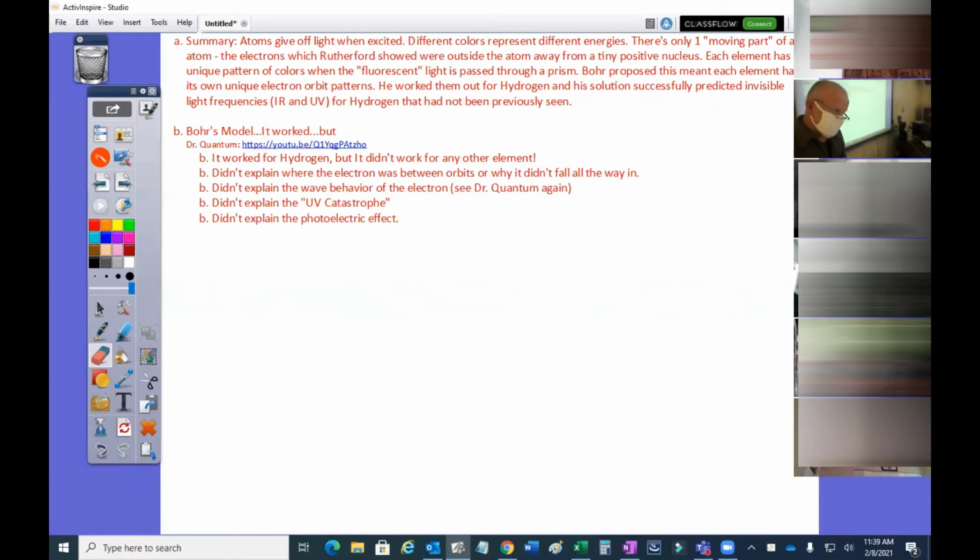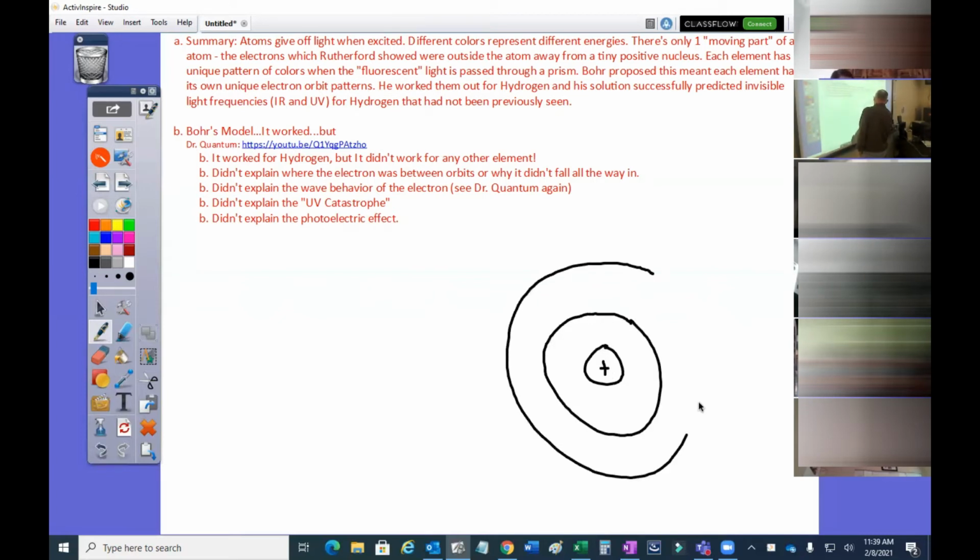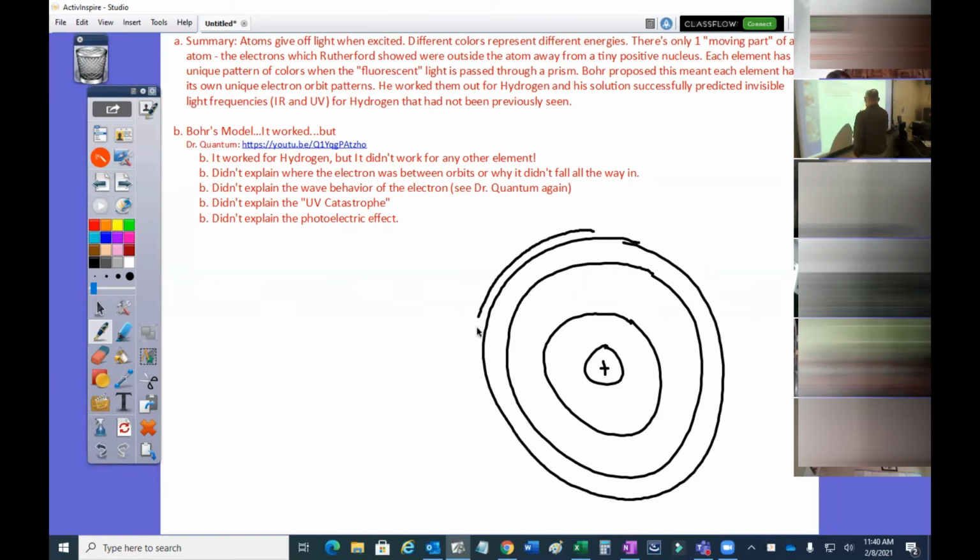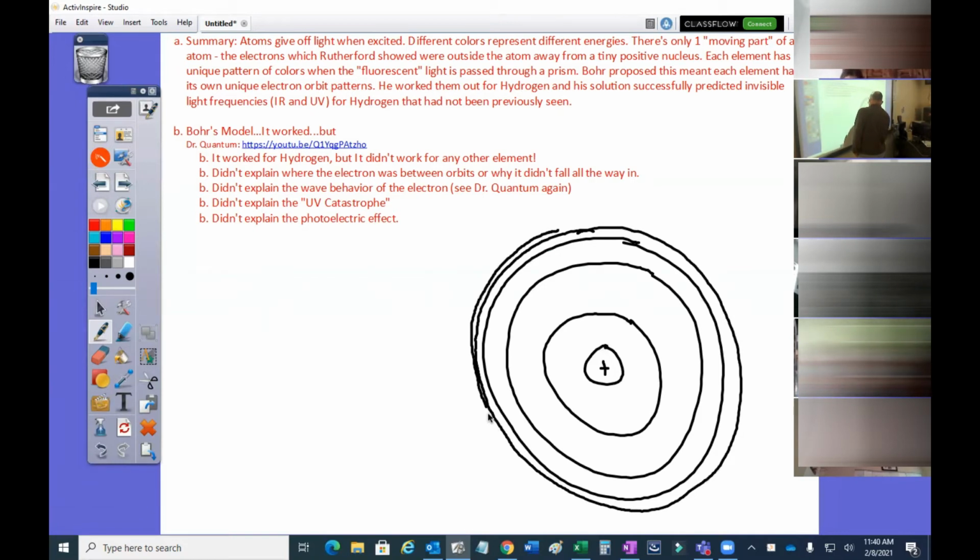They produce visible, and all the way to the first ring is where you start getting your ultraviolet. So, in Bohr's model of the atom, see if I can draw this. You can see as you go out, the rings get closer and closer together.